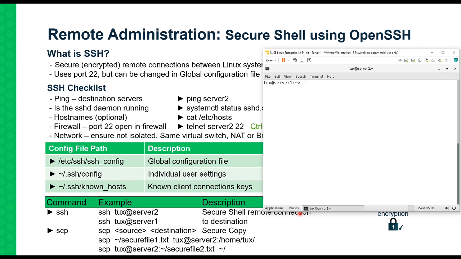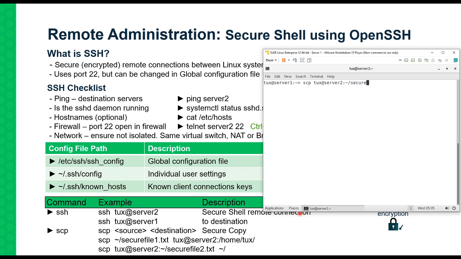So our last command will be to quickly copy that file over to our server 1. And it will be SCP, then tux at server 2, colon, and then we are going to use the tilde for us. And we go slash, and you have to type this out, unfortunately.